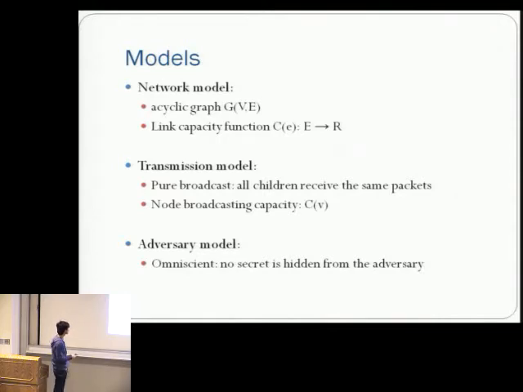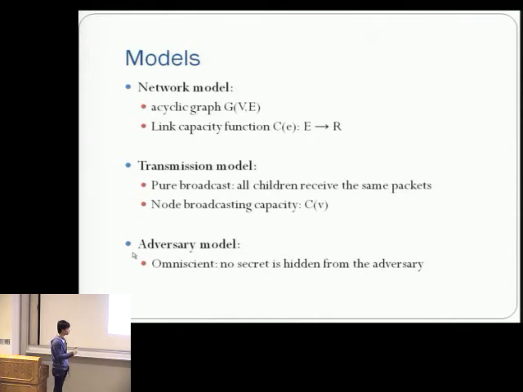Given this model, each outgoing link from a single node has the same capacity, and we also enforce a constraint on the node broadcasting capacity, which is that the total amount of information being broadcasted by a node V must be at most C_V.